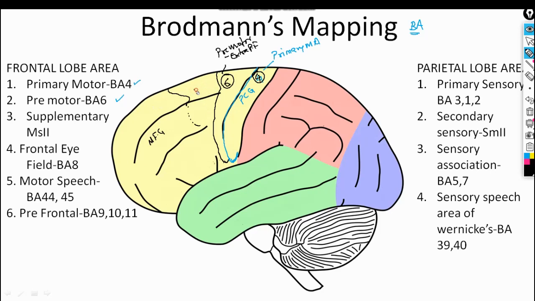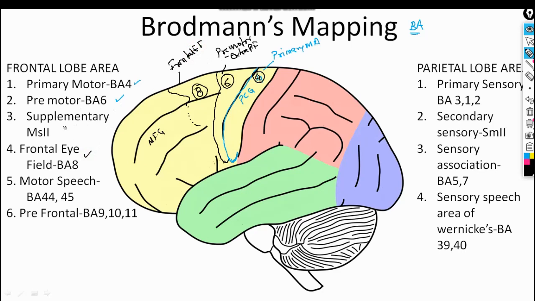This is Brodmann's area number 8, the frontal eye field. Clear? So we have seen this.